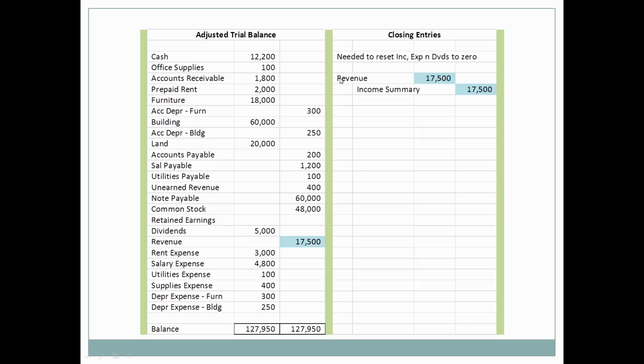First, we take the revenue. Since it is generally credit-based, now we're going to debit all of the revenue accounts in order to reduce them to zero, and we're going to use an account to help collect this data called the income summary. We're not going to book these directly to retained earnings because it muddies the water when you try to look at retained earnings with all of these transactions going in and out.